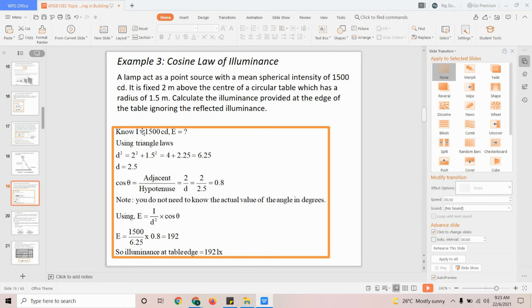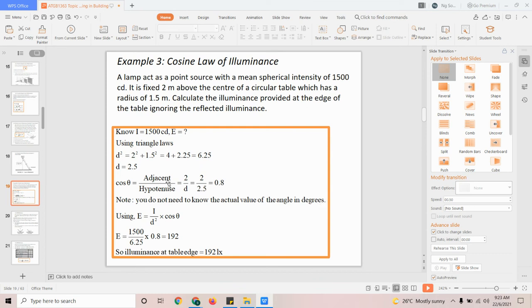You know your I, which is 1005 candela, but you don't know your cos theta. The question did not give you the angle at which the light falls at the edge of the table. So you do not need to know the angle in degrees.